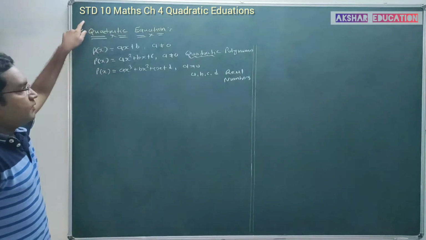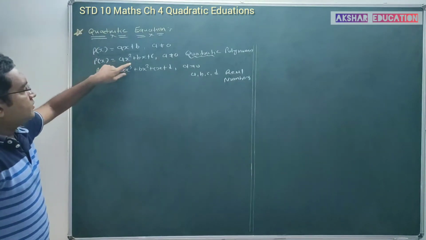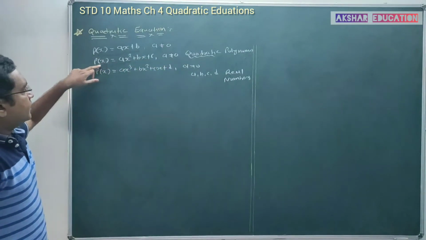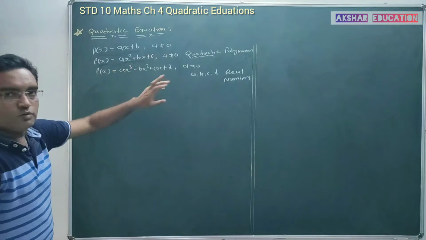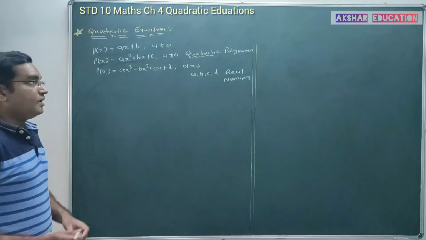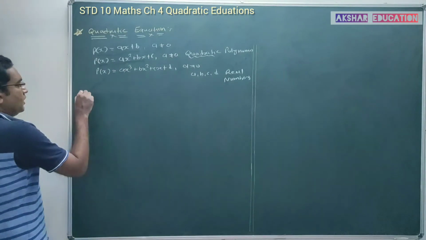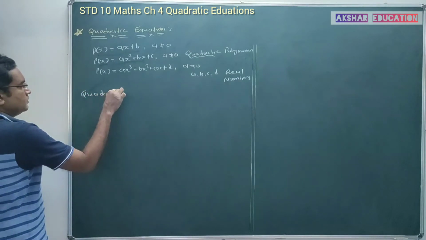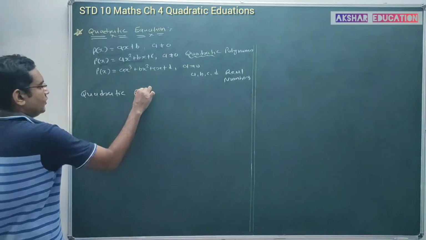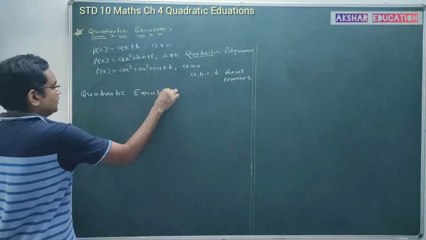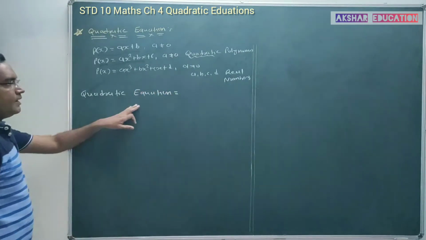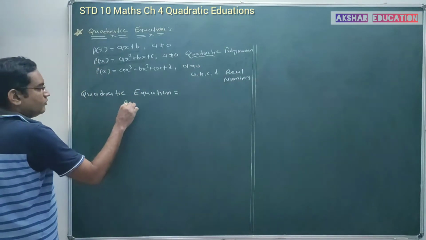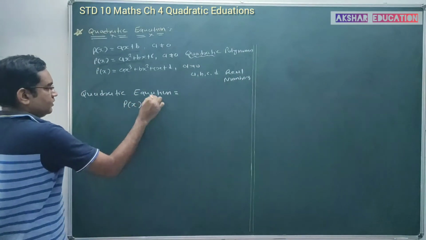Now, in this chapter number 4, we have to discuss the quadratic equation. That means if we compare this quadratic polynomial with 0, we get one quadratic equation. So what is a quadratic equation? Equations are basically derived from polynomials when we compare the given polynomial of variable with 0.